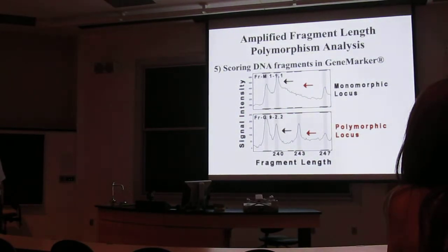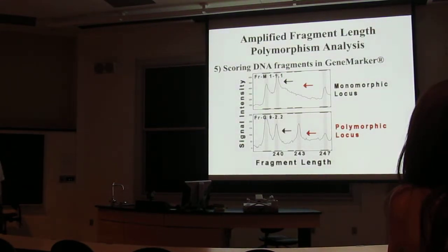Signal intensities are on the y-axis and length of those nucleotide fragments on the x-axis. And here I'm showing one individual from the FRM population and a separate individual from the FRG population. So we can see that at the fragment length of 240 nucleotides, both individuals show a peak here.